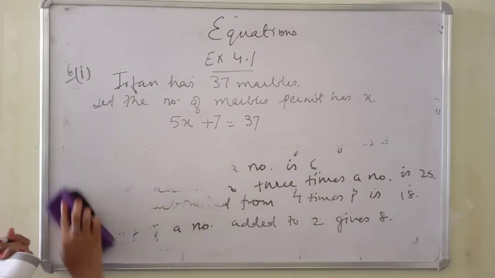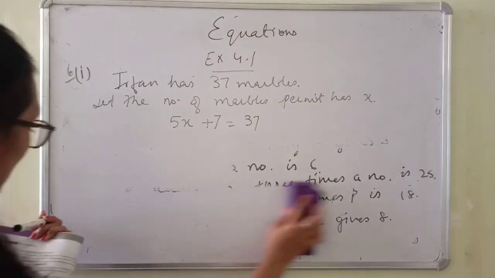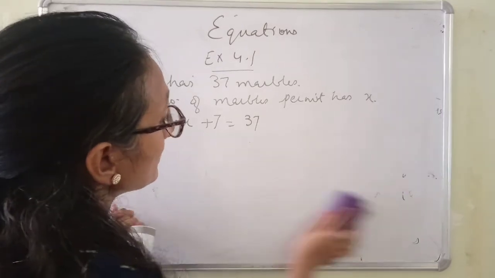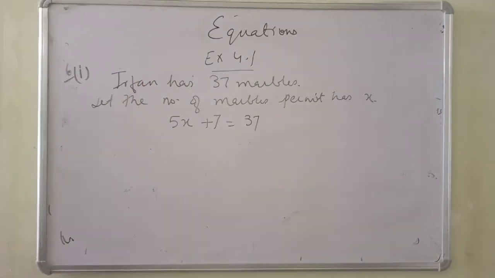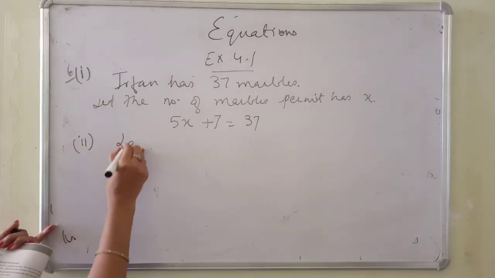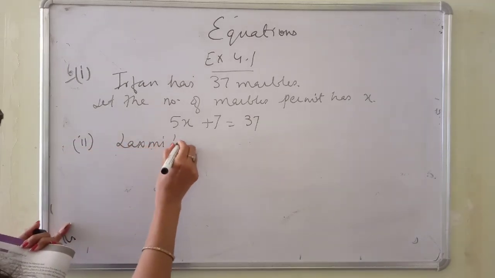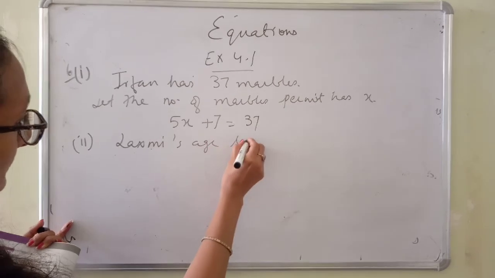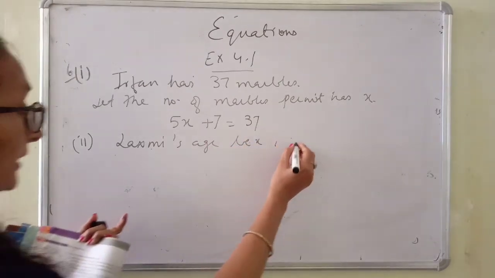Lakshmi's father is 49 years old. He is 4 years older than 3 times Lakshmi's age. So let Lakshmi's age be x. Father's age is 49.